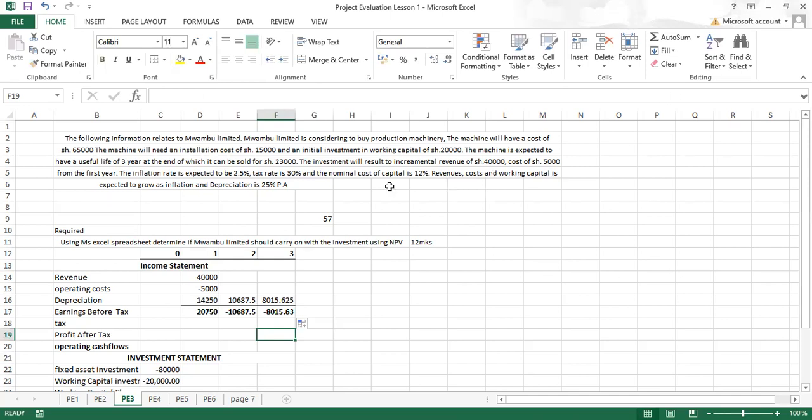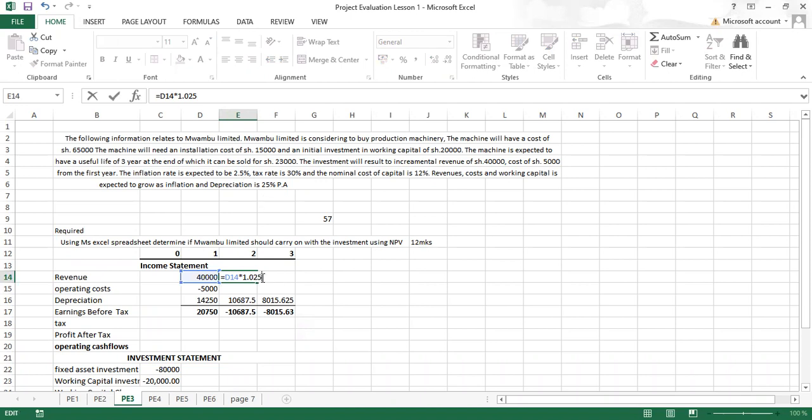So we were told about inflation here. Revenue cost and working capital is expected to grow as inflation, and the inflation rate is 2.5%. So here 3 revenue will be equals to this one times 1.025, 0 to 5, isn't it? Yes. The 2.5%.